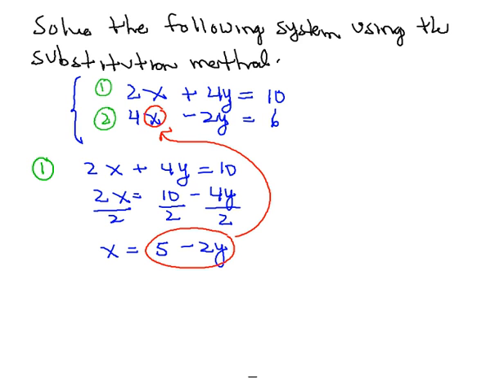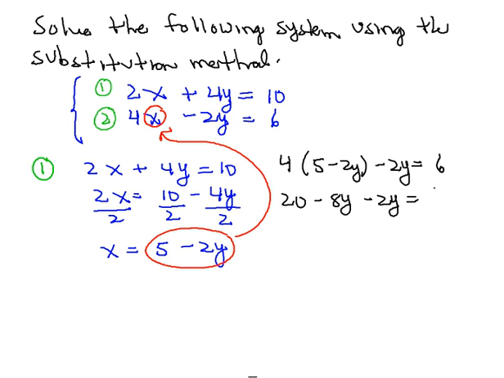Then we're going to have 4 times the quantity 5 minus 2y, and minus 2y is equal to 6. We'll distribute the 4 and we'll have 20 minus 8y minus 2y is equal to 6. Then 20 minus 10y is equal to 6.